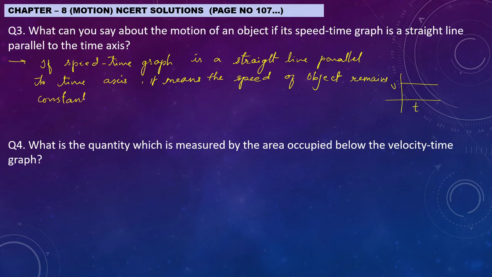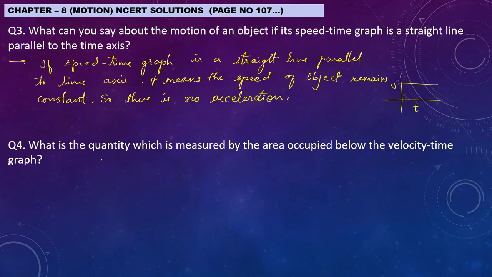And constant means velocity is not changing, and if velocity is not changing, then there is no acceleration, because if there is a change in velocity, then only acceleration is produced.